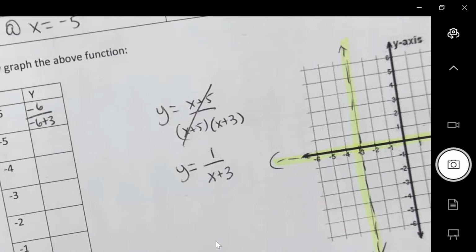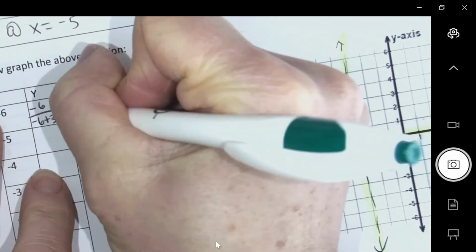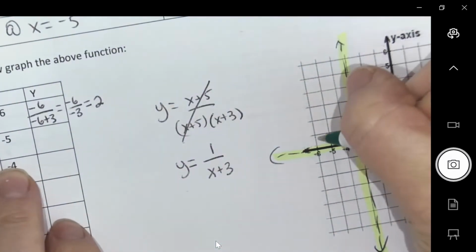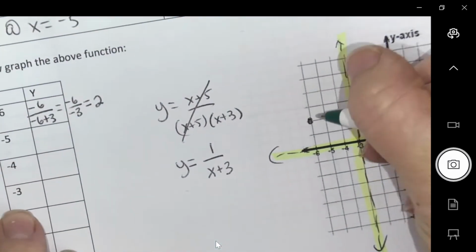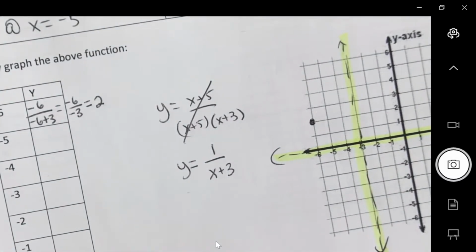And we can do this without a calculator. I believe in us. What is that number without a calculator? -6 over -3, 2. So -6 comma 2.